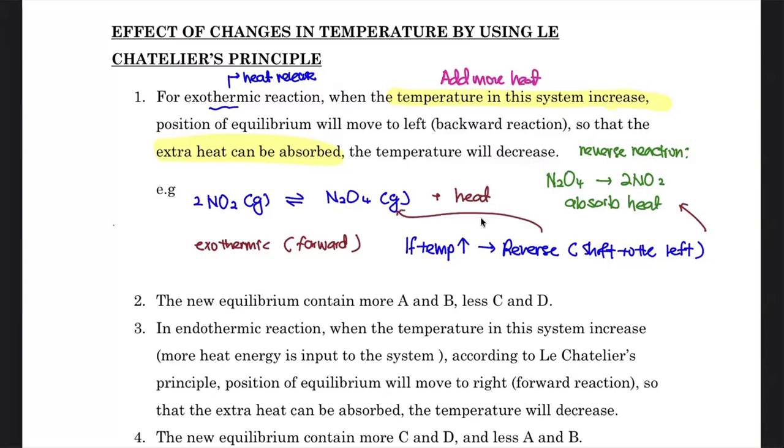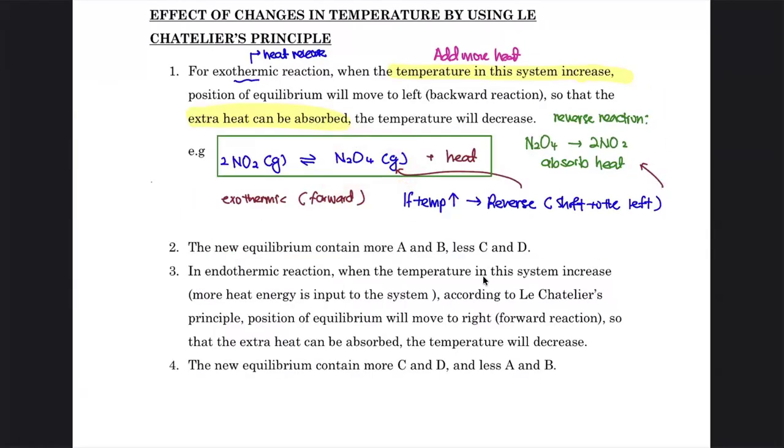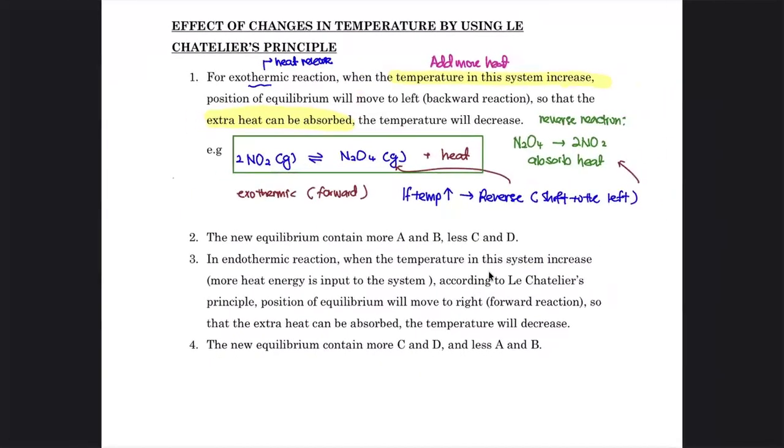N₂O₄ will turn to NO₂ so that more heat will be absorbed, or more heat will be removed. Okay, so this applies for exothermic reactions.